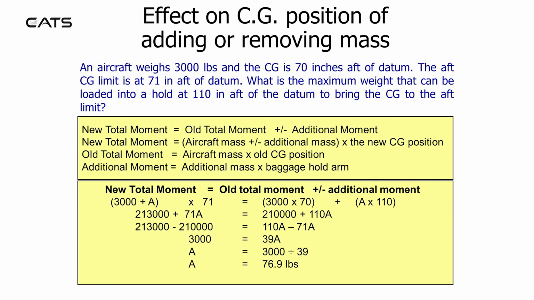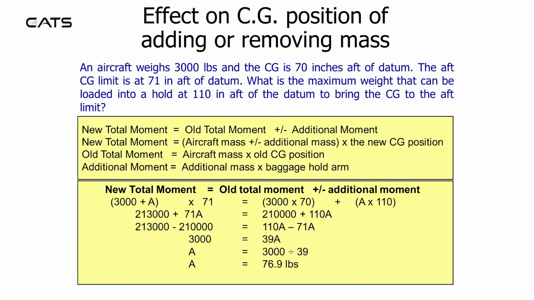The new total moment will be the aircraft mass plus or minus the additional mass multiplied by the new CG position. Old total moment is aircraft mass multiplied by the old CG position. The additional moment is the additional mass multiplied by the baggage hold arm. So new total moment equals old total moment plus or minus the additional moment.